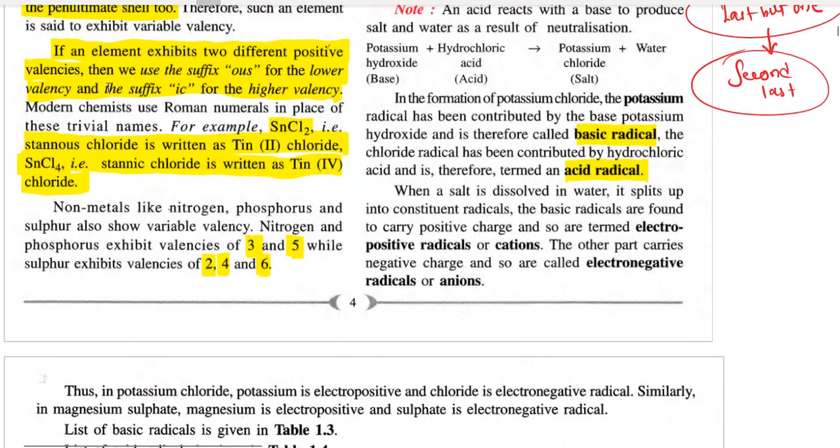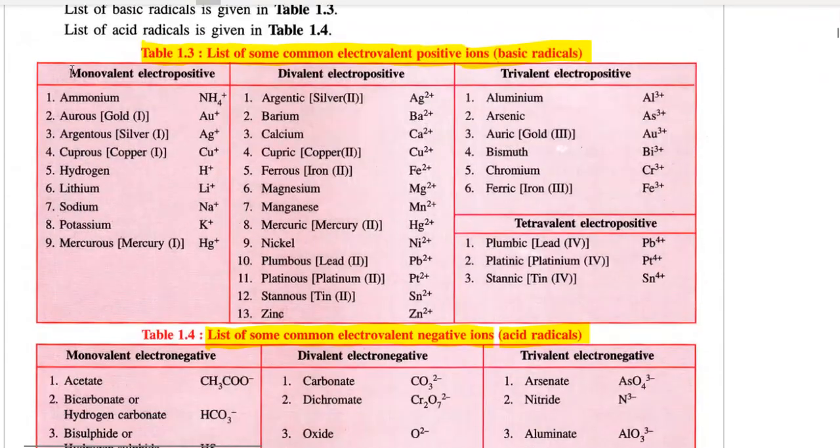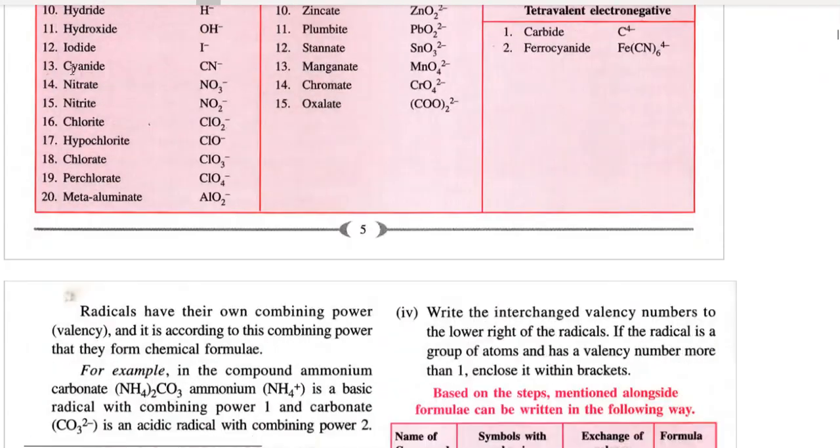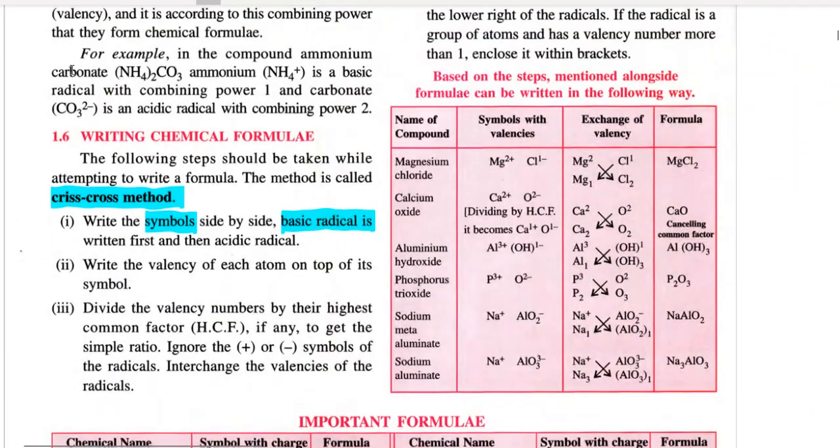So don't worry about these terms, basic and acid radicals, much right now, because they are not of so much importance as of now. But yes, in future we will be categorizing in this particular context. But as of now, the positive ions should be written first, and the negative ions should be written after that. That is the first step.